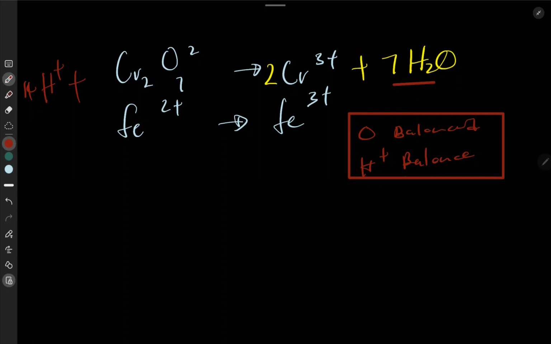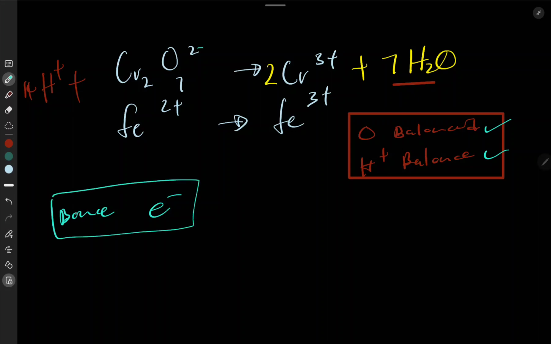So if you made it to this point in the video and you've been following, congratulations, you're just 90% done. So the next step now will be balancing. We have this balanced, we have this balanced. The only thing is we have to balance the electrons. So this is our step now. We have to balance the electrons. So we're just going to do some small math here, and we have an oxidation number of 2 here, of 3, to make this one 2 like this one.